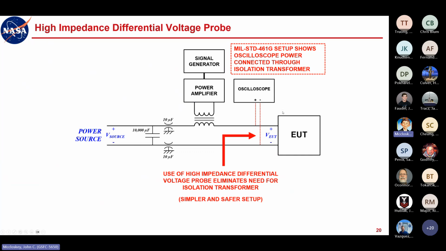The idea is you think you're floating a piece of equipment with respect to facility ground, and you're really not. That green wire of your power cord gets fed right through an isolation transformer. It's giving you a transformer on the power feed, right? So it is isolating the power feed, but the green wire gets fed right through. So it's not really isolating to the extent that you think it is.